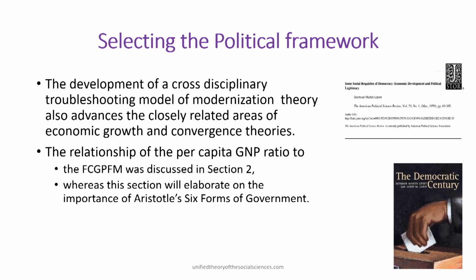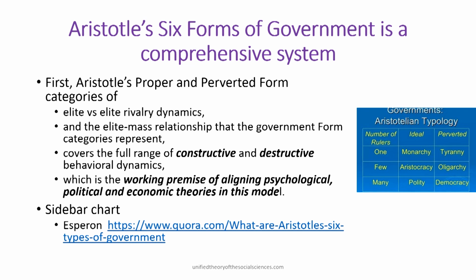The development of a cross-disciplinary troubleshooting model of modernization theory also advances the closely related areas of economic and convergence theories. The relationship of the per capita GNP ratio to the four-category geopolitical form model was discussed earlier, whereas this section will elaborate on the importance of Aristotle's six forms of government in this system.